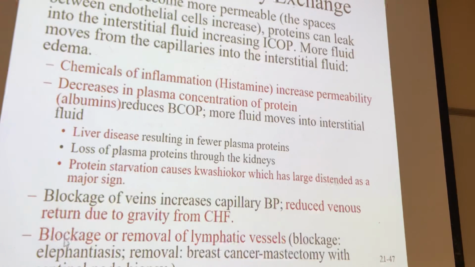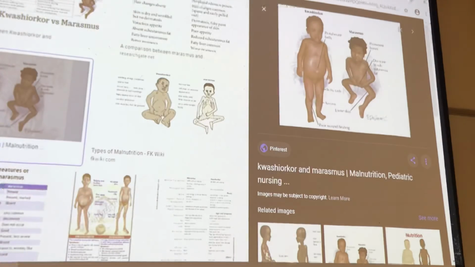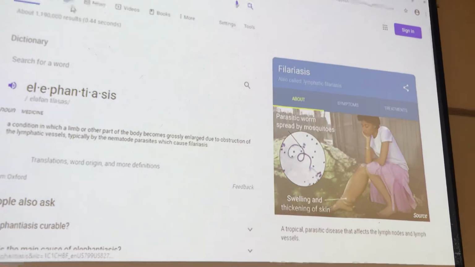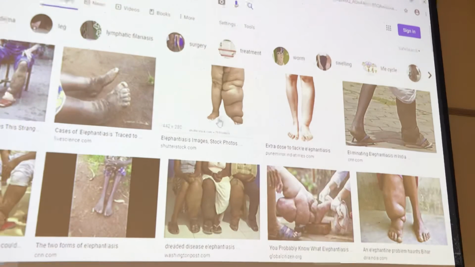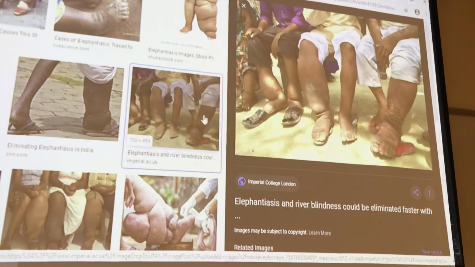And the biggest one we're gonna see is, right, blockage or removal of lymphatic vessels. That is our elephantiasis. With elephantiasis, and I did see this, the legs are 3 to 4 times the normal size. And when we went to certain areas of the bush, we're talking about 50% of the men having this, right?